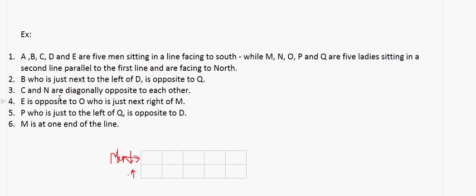C and N are diagonally opposite, so C can be here, it can be C, N, or it can be C here and N here. So these are the 2 cases. Let's not write these 2 cases as of now.